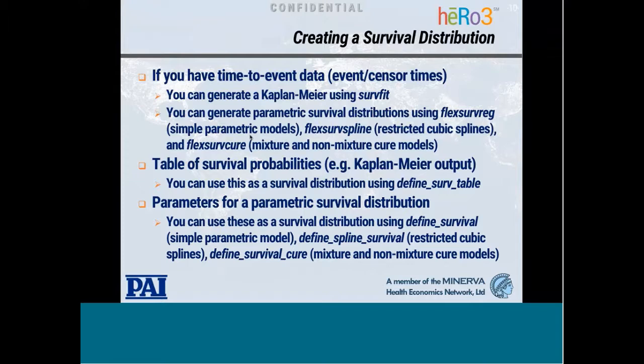There's also the flexsurvspline function, which is for fitting restricted cubic spline models. And both of those functions come from the flexsurv package, FLEX-SURV. And so we can provide documentation to that package offline. But both of those functions are supported for generating survival distributions in heRo.